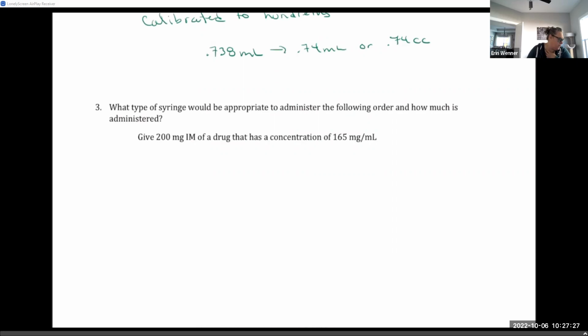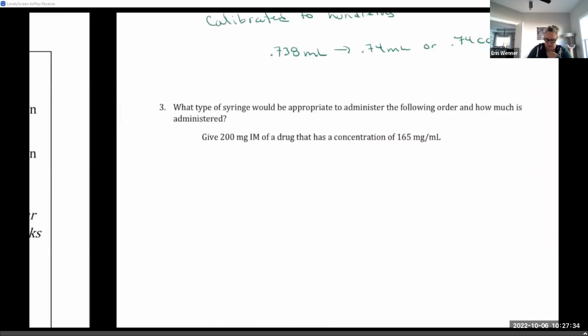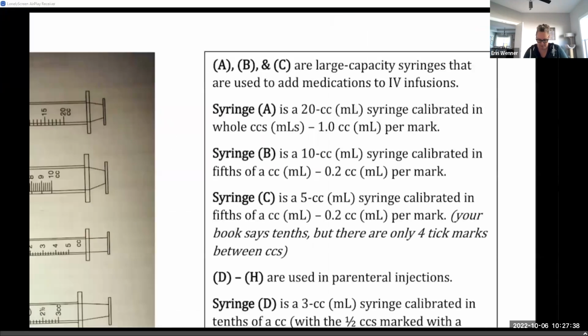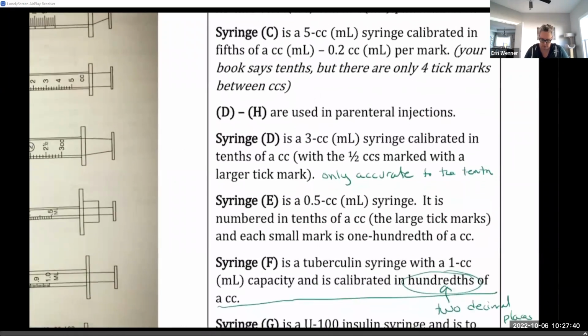If we think about our intramuscular syringes, which are going to be used to inject into the muscle, we can use syringes D through F for those types of injections. Okay, so we can have a 3 cc syringe, a half cc, or a 1 cc. Those are our 3 options.